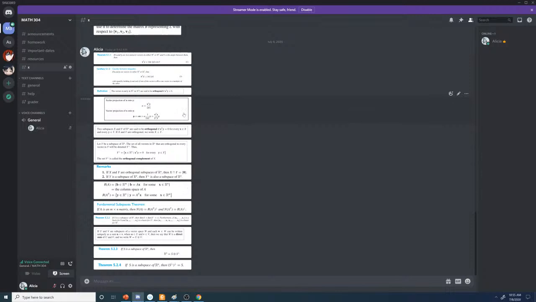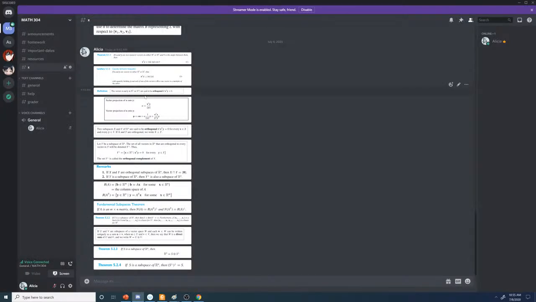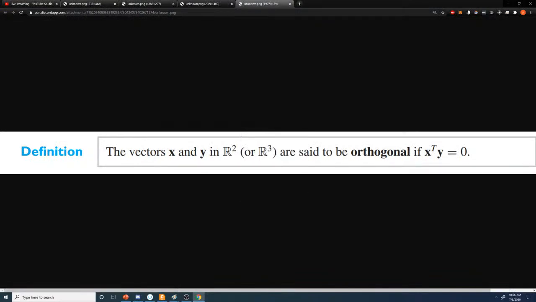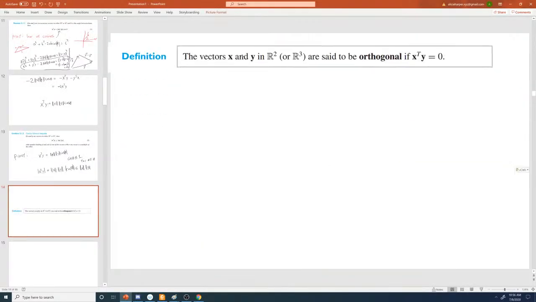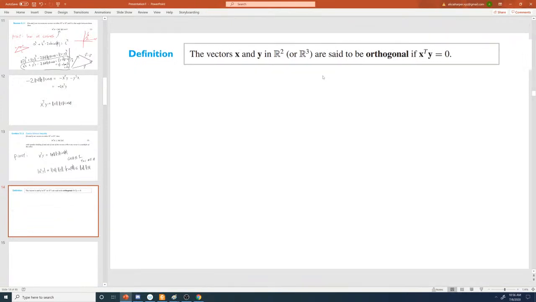And here is another crucial definition. And really, it's kind of the heart of why we're doing this review. If we have two vectors x and y in either R2 or R3, then we say they're orthogonal if x transpose times y, the scalar product of x and y, is equal to 0. To understand the geometry behind this, think about it.